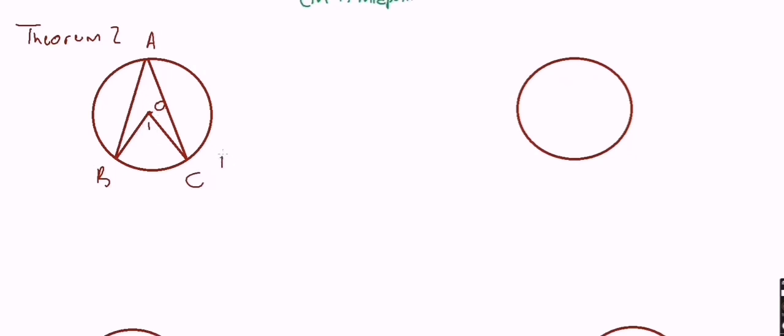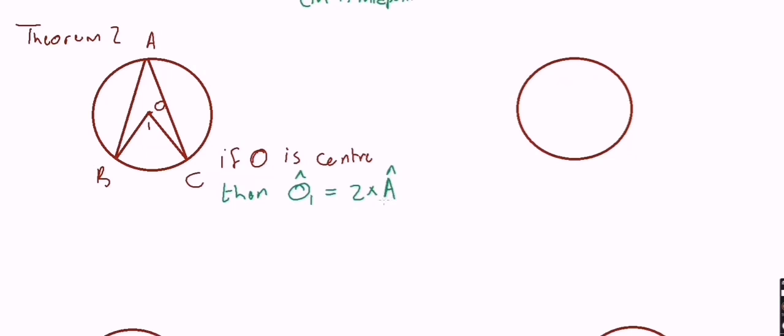So it says if O is center, then O1 is going to be 2 times angle A, because we already know that A, B, and C are points on the circle or points on the circumference. So O1, the angle will be equal to 2 times A.